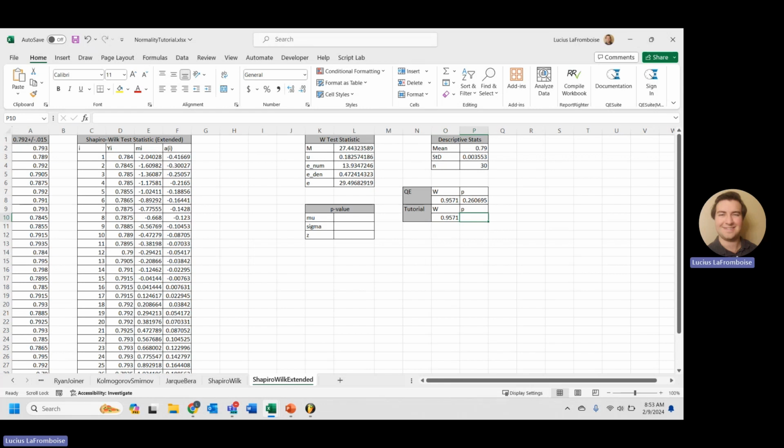So how do we turn that into a p-value? Well, we're going to first have to derive this mu and sigma to get z.